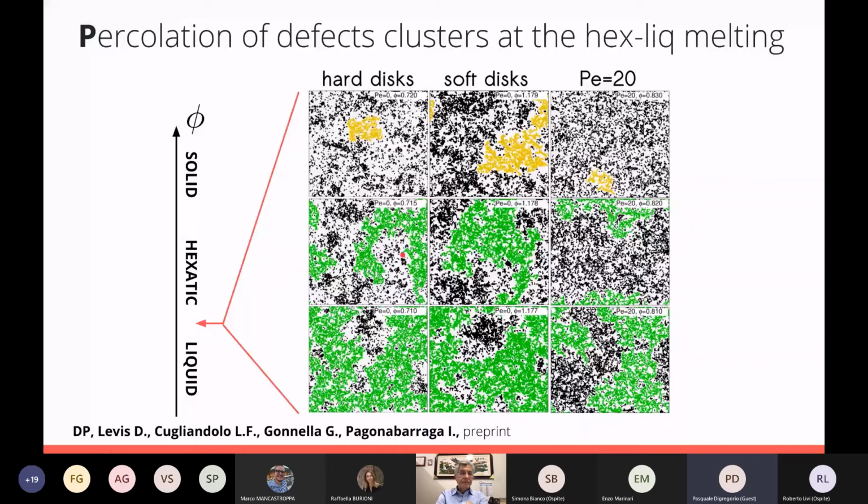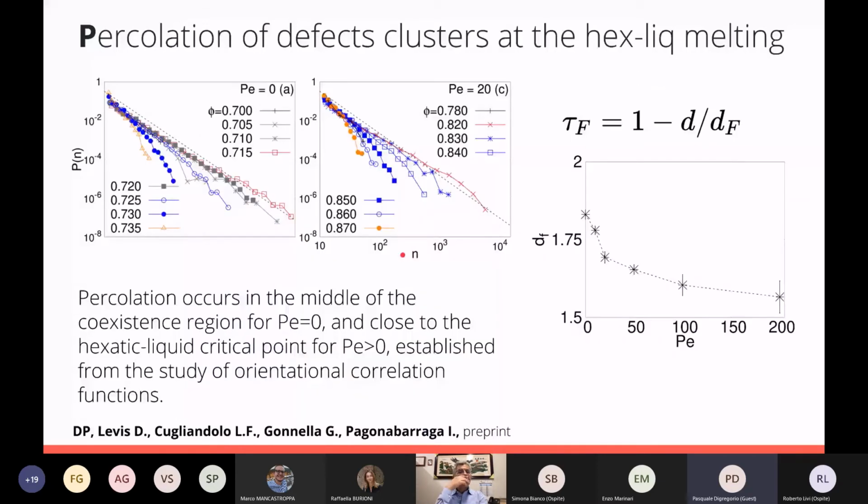So we can use this finding, the percolation critical point, as a way to explore a bit more the properties of the defective clusters.